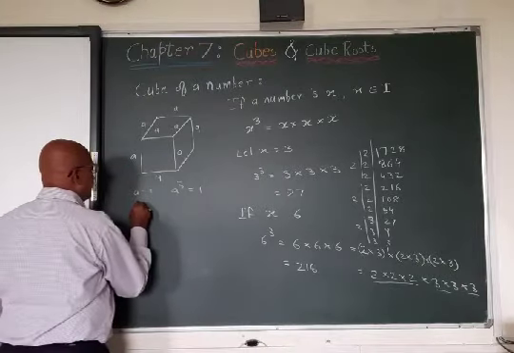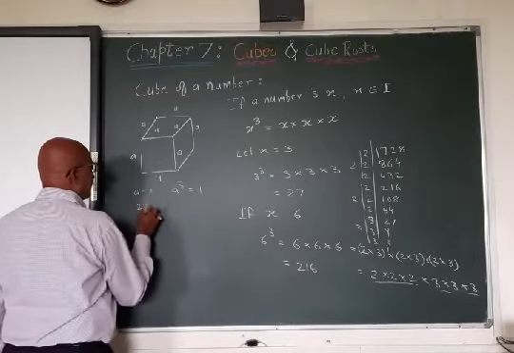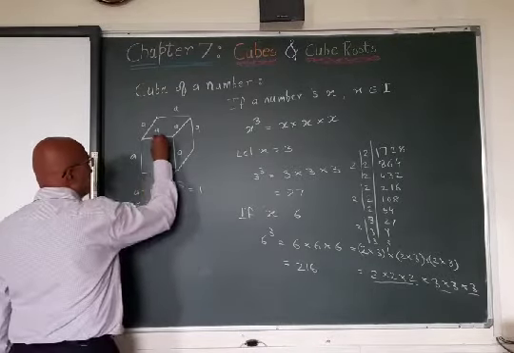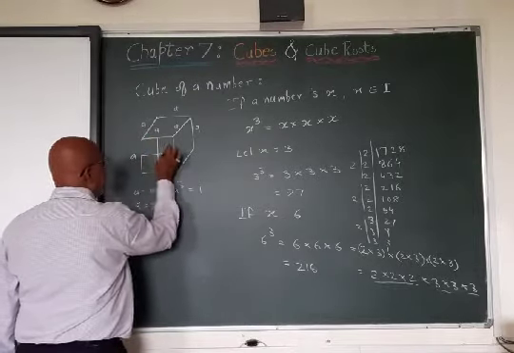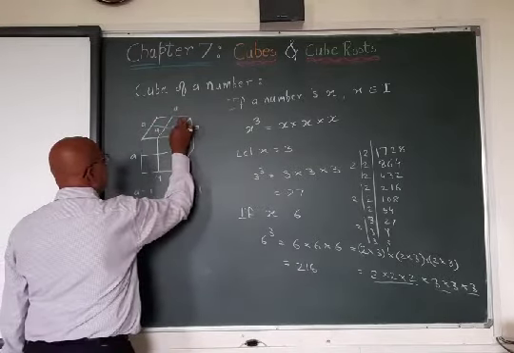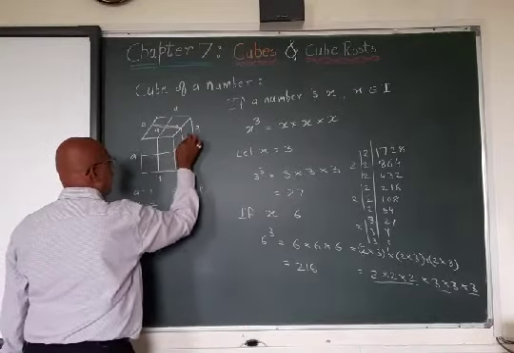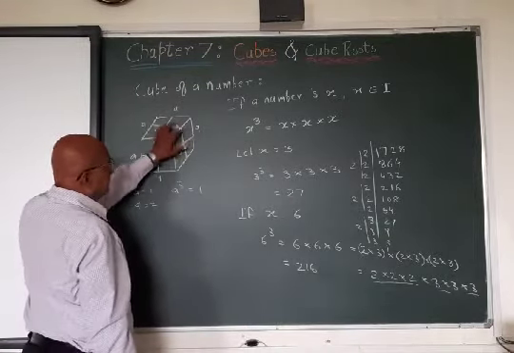If A is 2, now if A is 2 it means we have another bifurcation like this, right? Now on each face we have 4 squares.